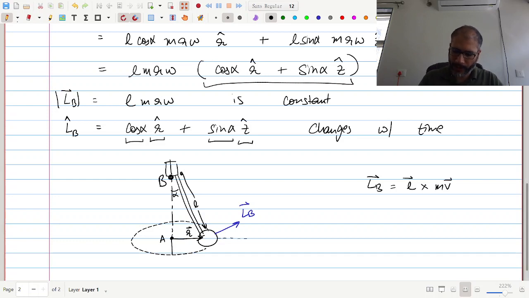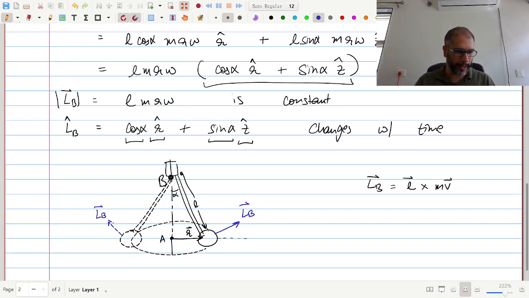Similarly, when the bob reaches the other end, let's use a dashed line here, since dashed is used to denote the other end. In that case, LB looks like this. These are extreme positions for the bob.